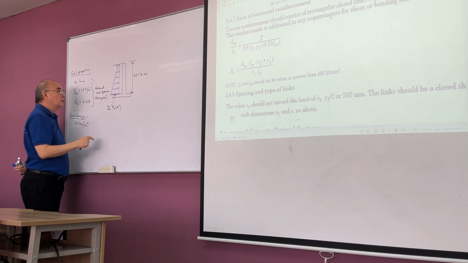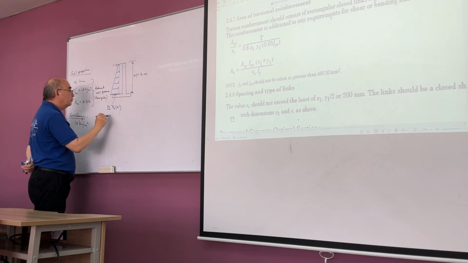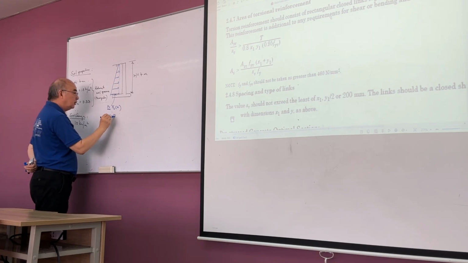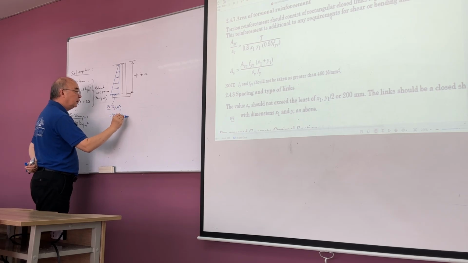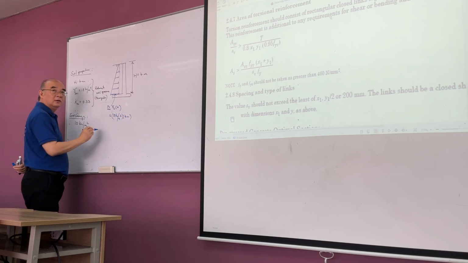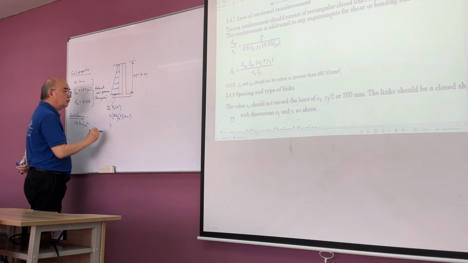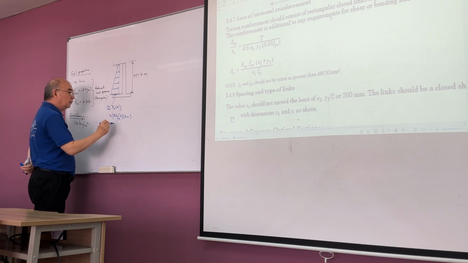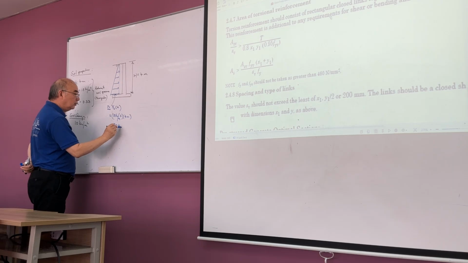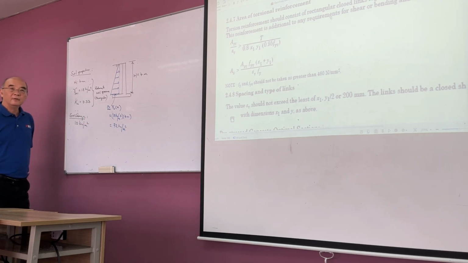So this would give you gamma S, let's say 18 kilonewton per meter cube, and H here is 4 meter. So this gives you 72 kilonewton per meter square.